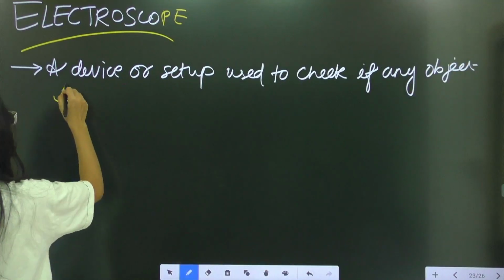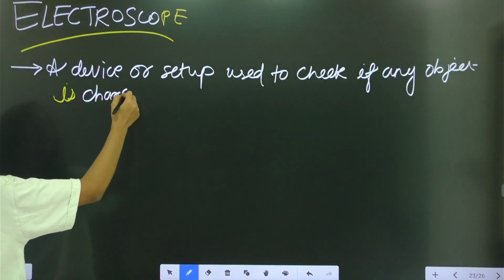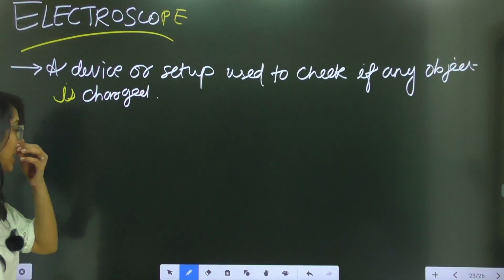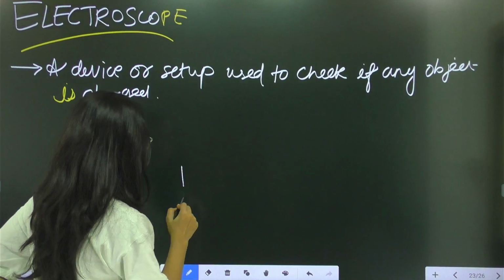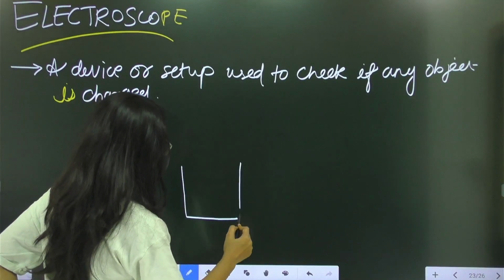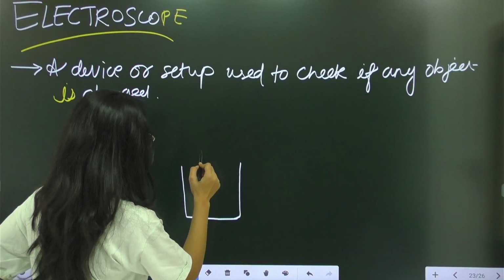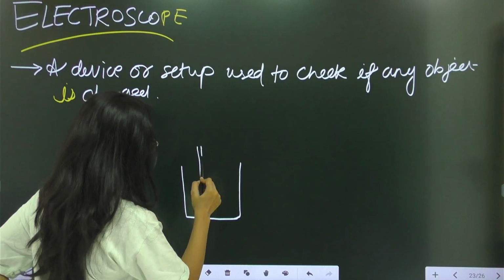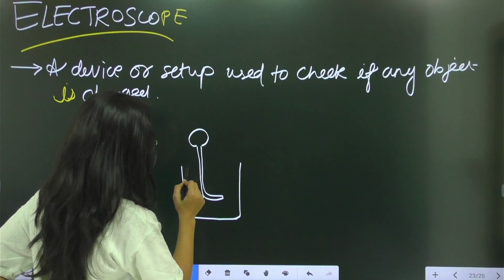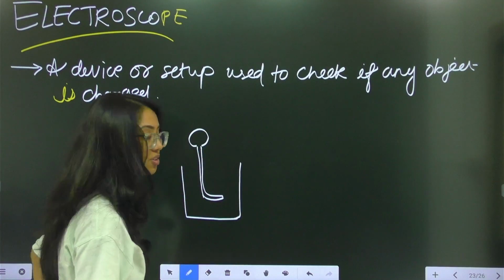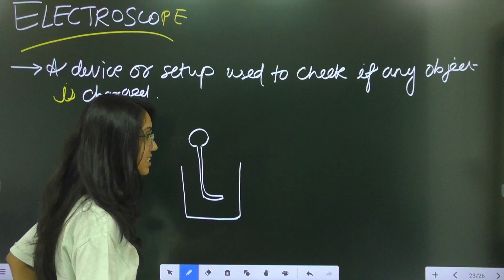Well, this electroscope is basically like this. This is a container, or you can say it like that.